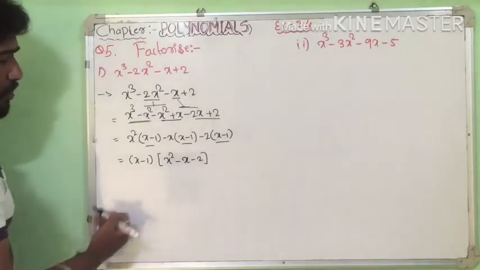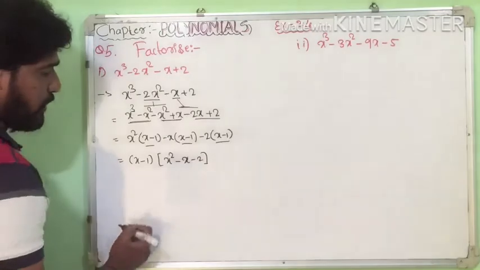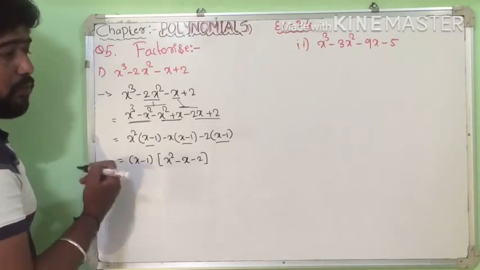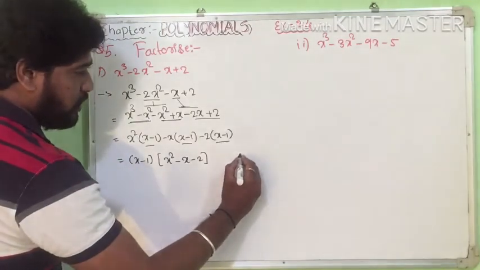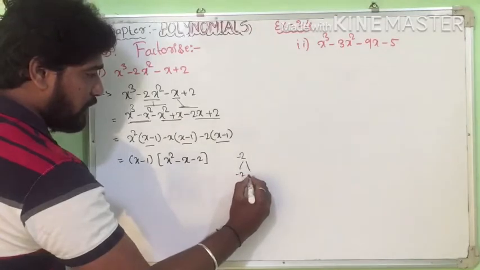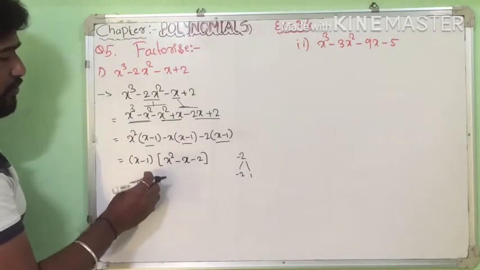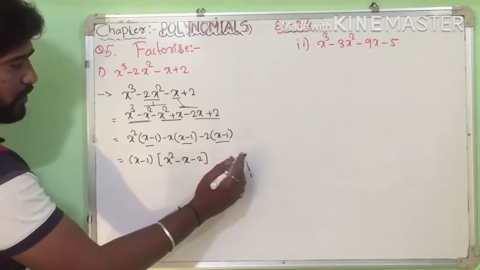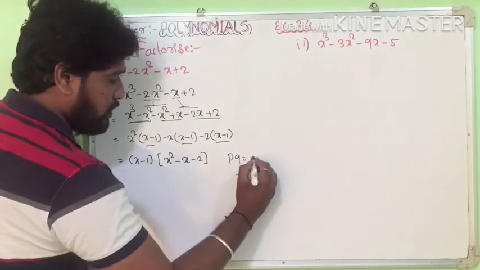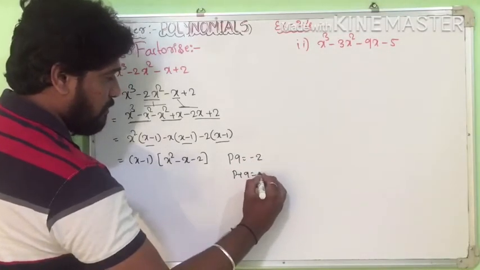So now it is a quadratic polynomial and we factorize it. So here we want the multiplication to be minus 2, and the addition to be minus 1, right? So these factors, minus 2 and plus 1, right? So otherwise, we want to find p into q is minus 2 and p plus q is minus 1.